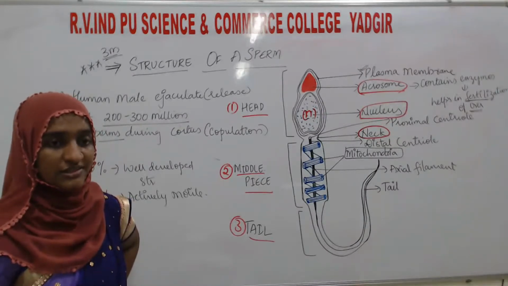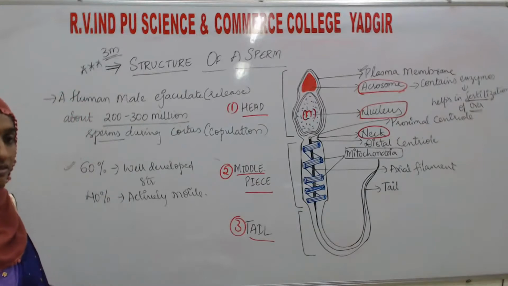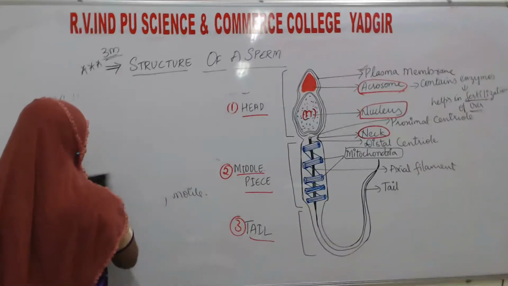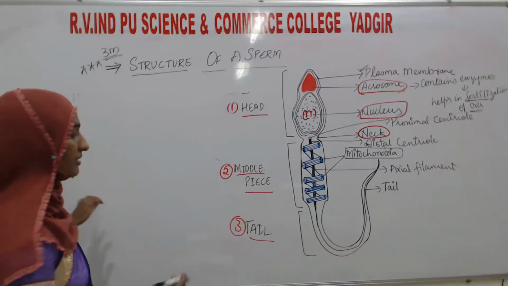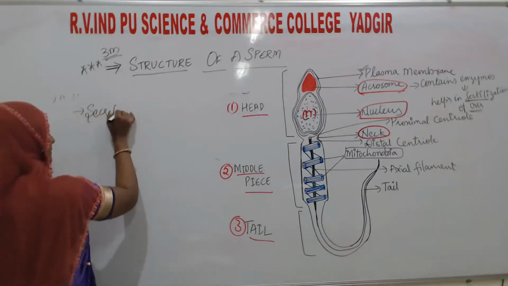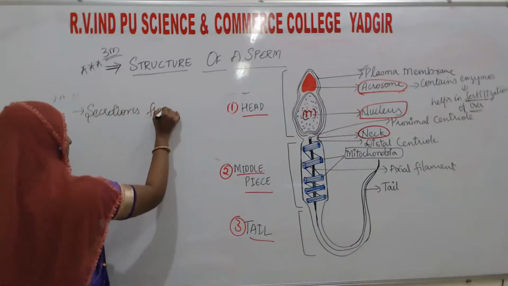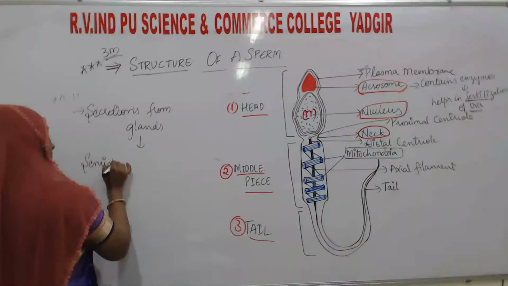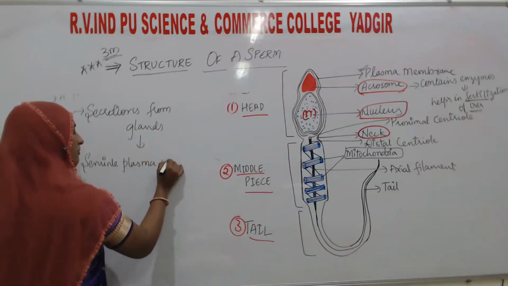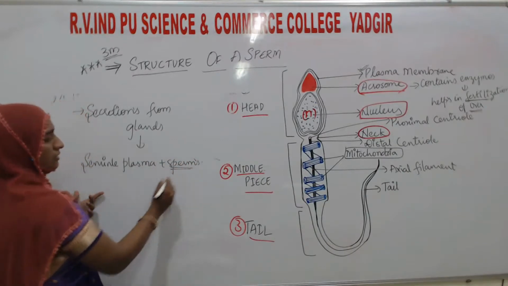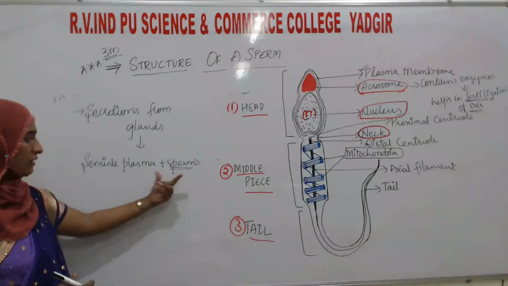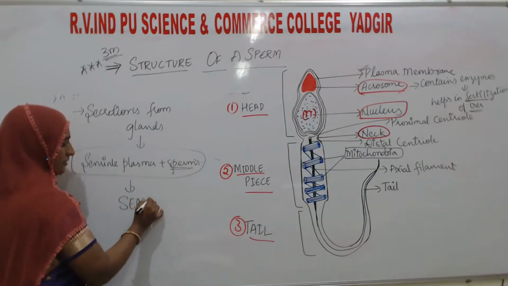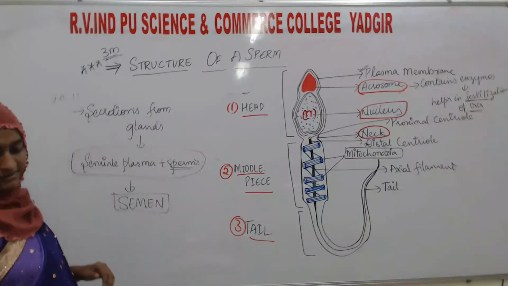The secretions from the glands are known as the seminal plasma. Seminal plasma carries the sperms, and altogether we call this the semen.